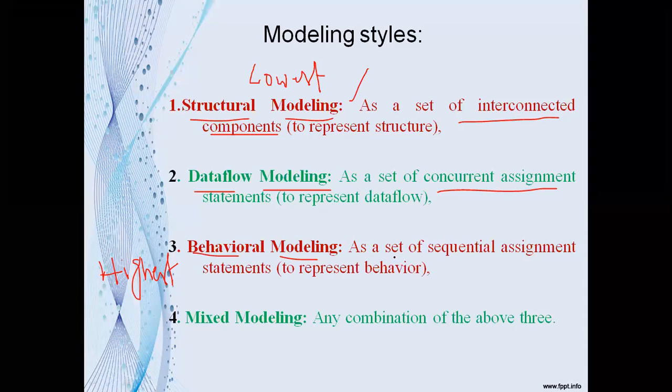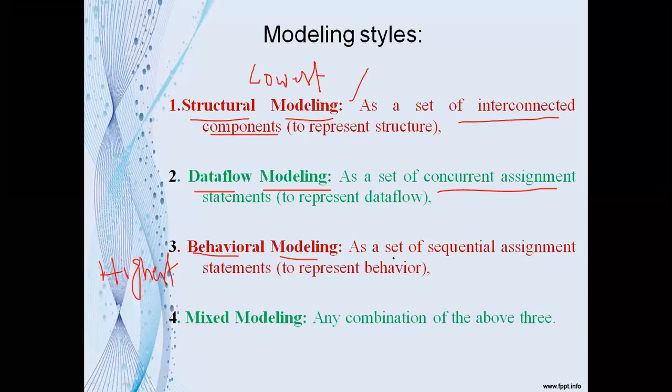We can describe the behavior, but we are not bothered about what the internal components of that device are. We will just look at the truth table, or the state diagram, or the block diagram, and describe the relationship between the input and output. What is the output if you apply a combination of inputs to that device?